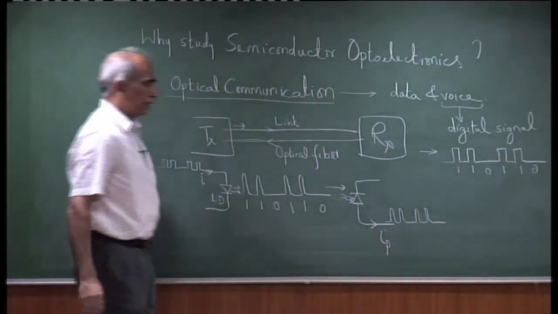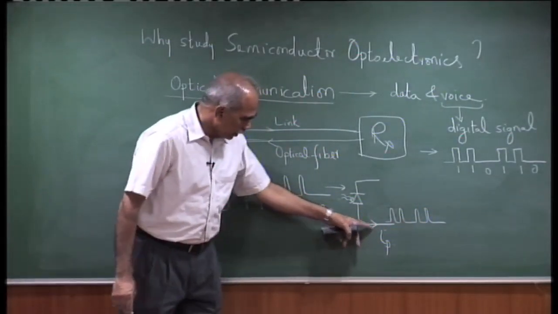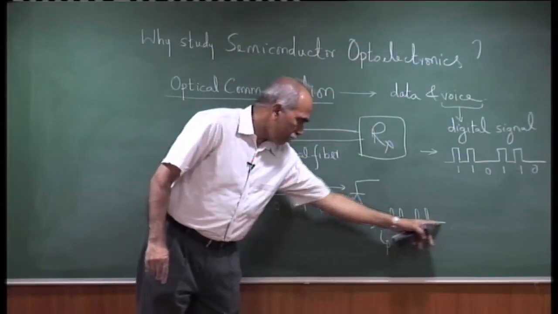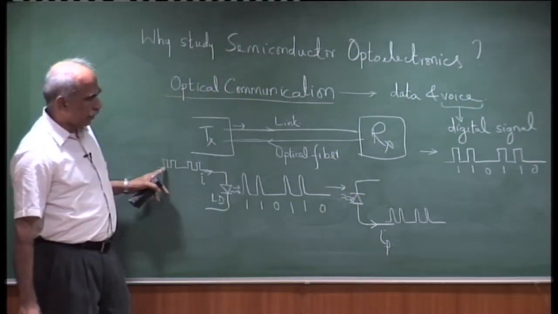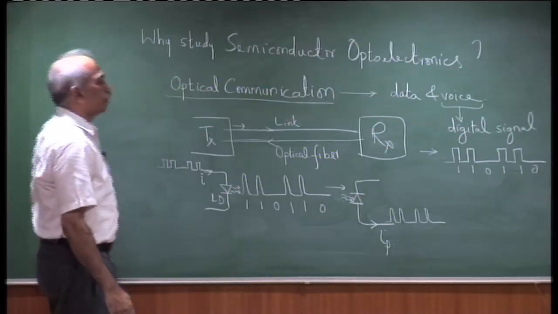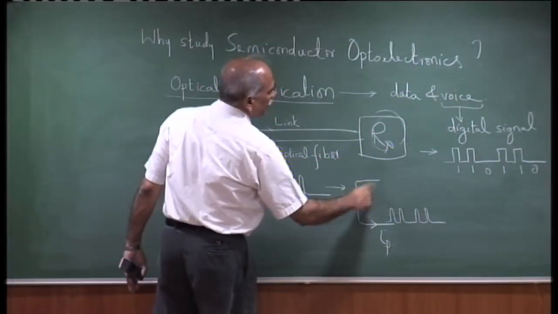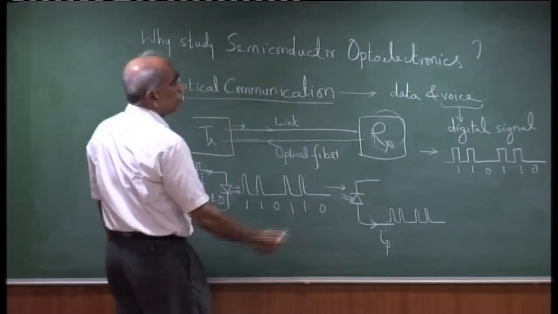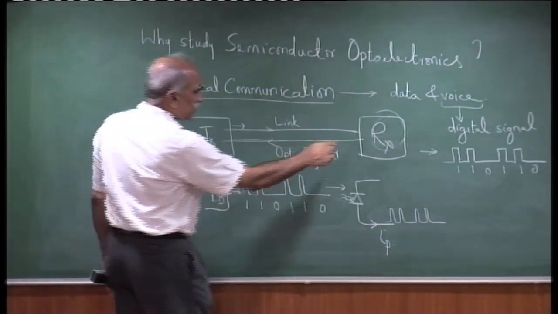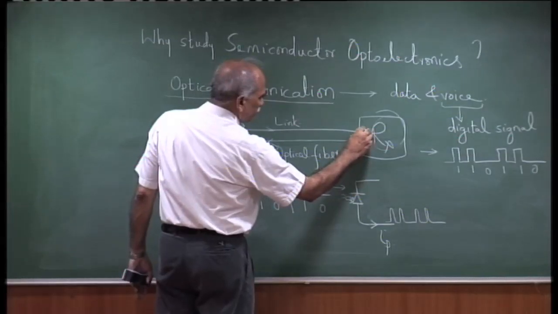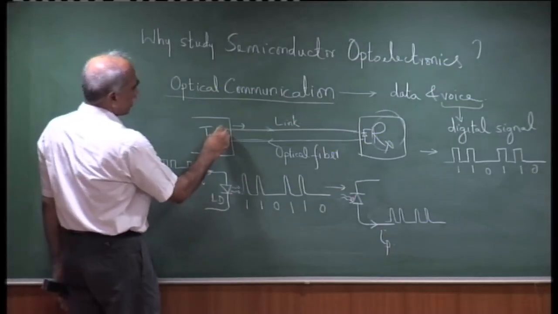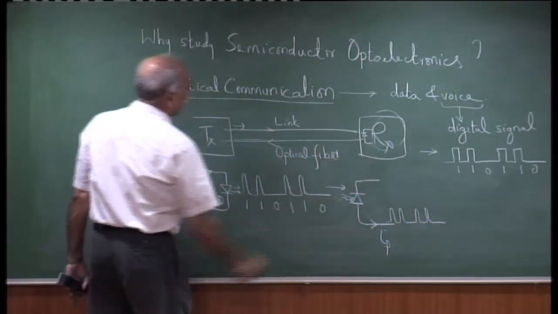transmitted. The photocurrents generated due to the incident optical pulses are of the same pattern as the original. Of course, pulse shaping and other things have to be processed in this receiver, which contains all the electronic and signal processing devices, but the first component is the photodetector.